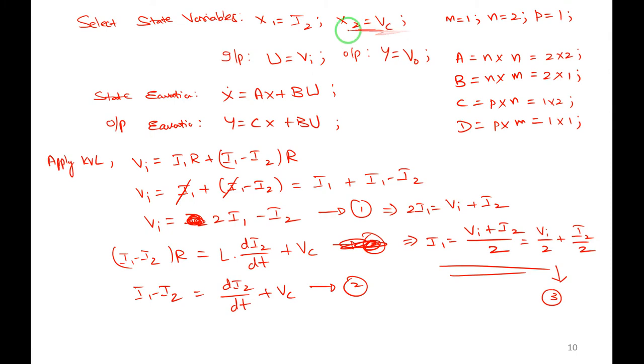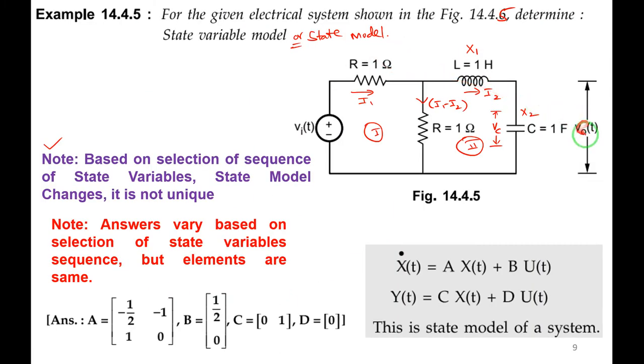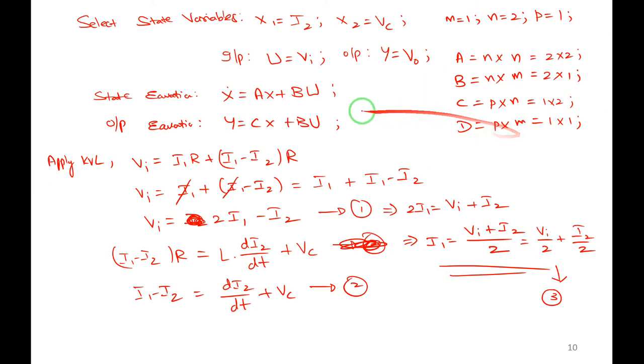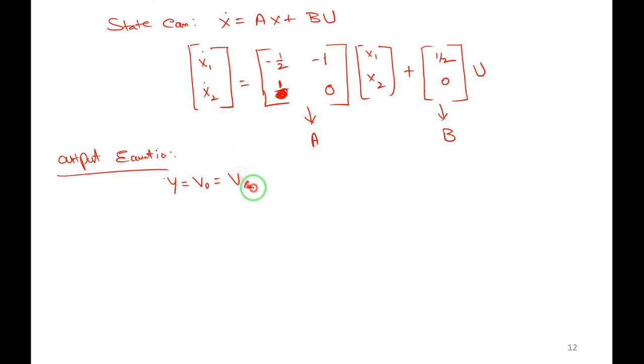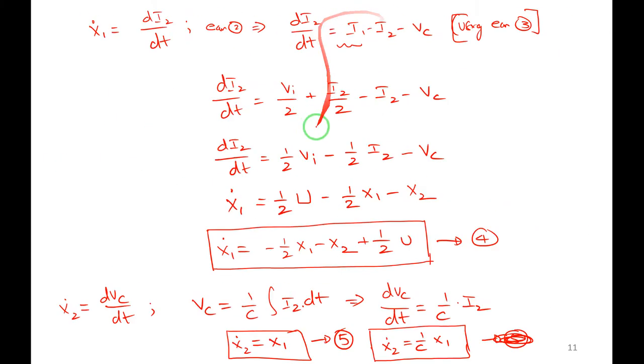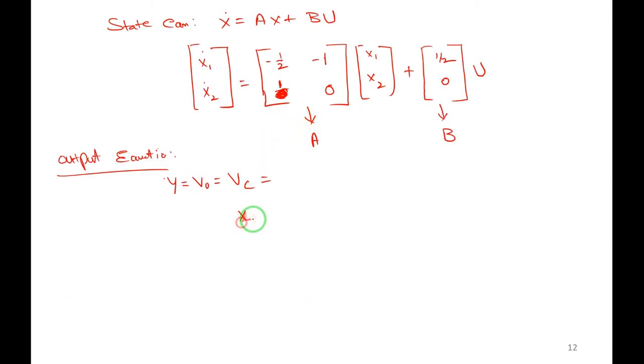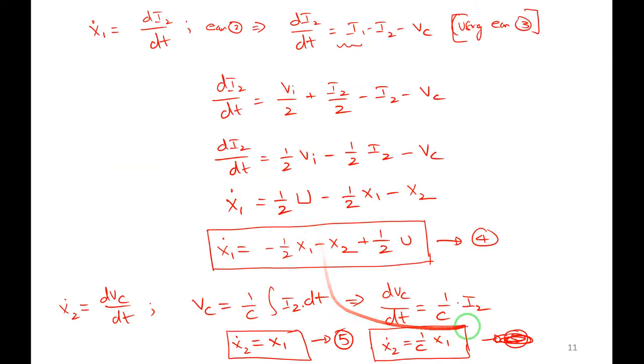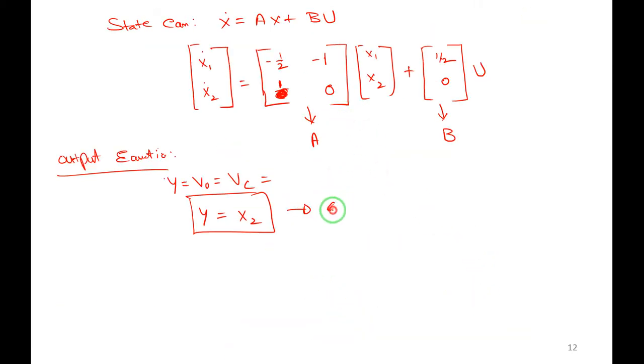What is this VC? It is equal to x2. So Y is equal to x2. Put it in the box and call this equation 6, since 5 is over. So this is the output equation.